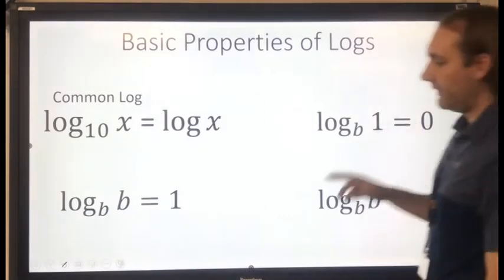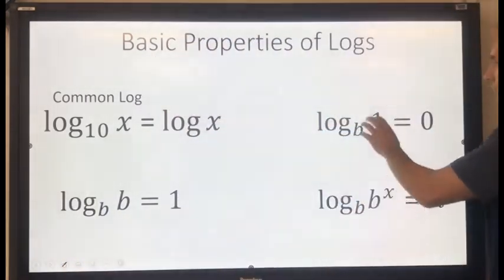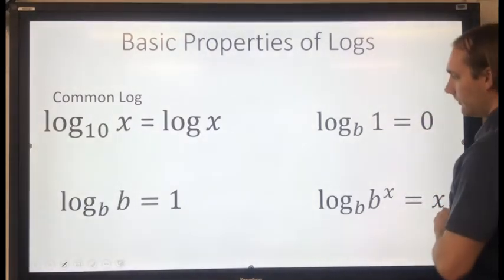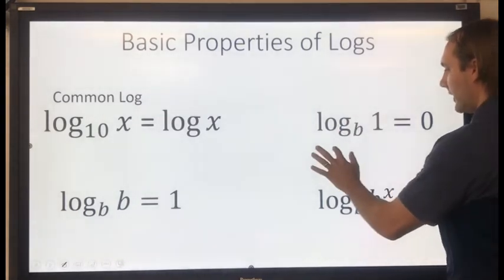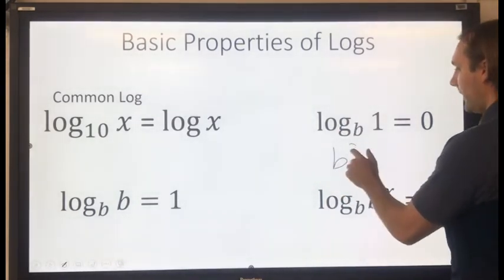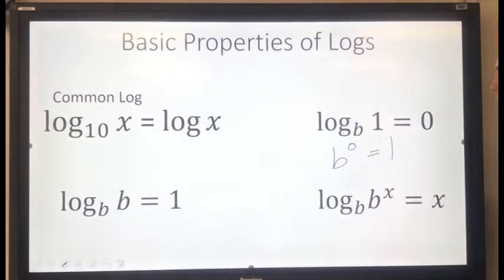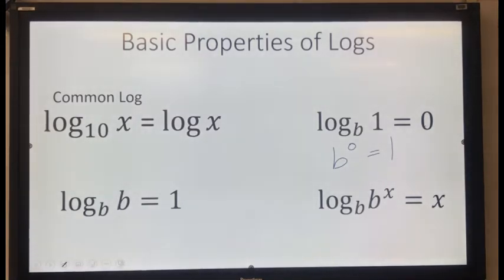Some other properties of logs: if your log value here is a 1, then your log is always going to equal 0. Well, why does that work? Well, let's convert this to an exponent. So I have my base b to the 0 power. Is anything to the 0 power 1? Sure is. That's why log base of a number with a 1 here is always going to be 0, because your exponent with a 0 power is always going to be 1.